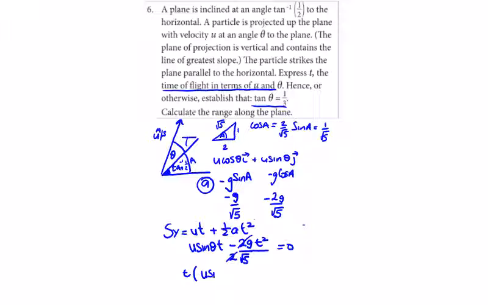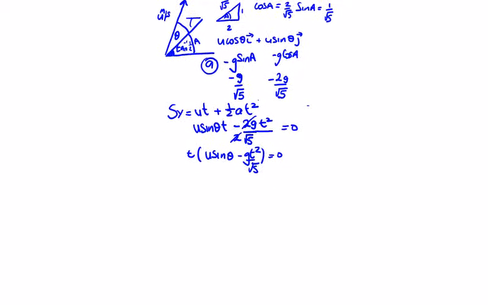We'll end up with u sine theta minus gt squared over root 5 is equal to 0. So my initial time of flight, t is 0, and here we're going to get root 5 u sine theta is equal to gt. I should put a square in there. It's not the first time I've done that. Is equal to gt, so just divide by g, and that will be the time of flight in terms of theta and g and u.